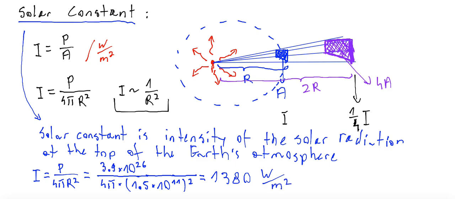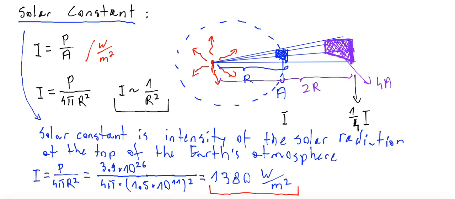It means that each 1 square meter of surface area located at the position of the Earth, directed to the Sun, and not influenced by Earth's atmosphere, receives around 1,400 watts of power, so 1,400 joules of energy per second. This is something the Sun gives us a lot. 1 square meter, around 1.4 kilowatts.